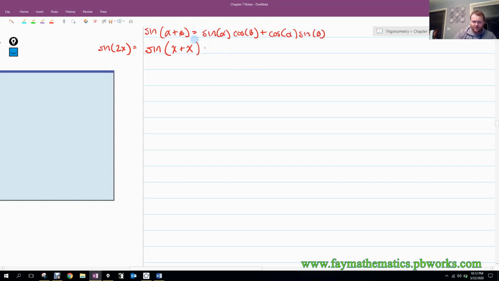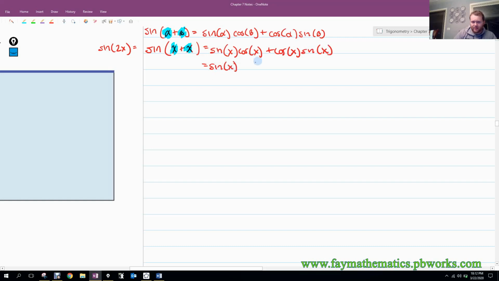So the only thing happening here now is that alpha is x and beta is x. So let's see what happens there. We're going to have sine of x cosine of x, plus cosine of x sine of x.